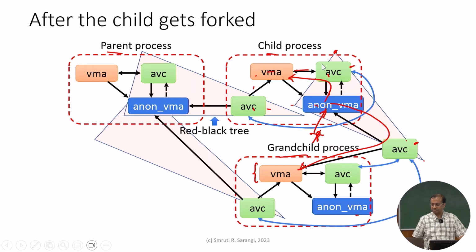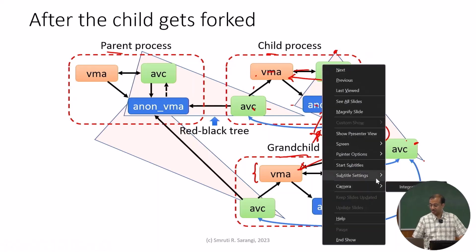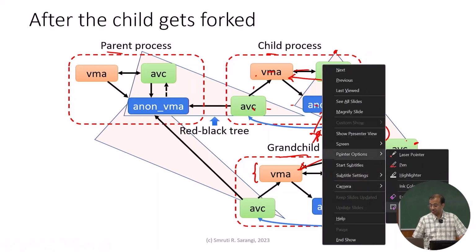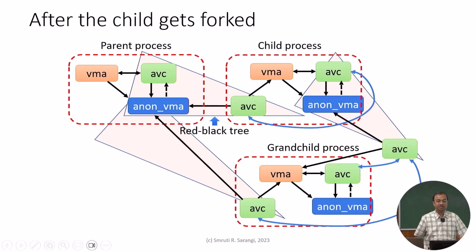Clear? Now another connection has to be made, which is a connection with the parent, the grandchild's grandparent. In this case, there will be another AVC which points of course to the VMA of the grandchild, and it is attached to the Anon VMA of the parent. The reason is that there will be some pages that the grandchild will inherit from the parent.